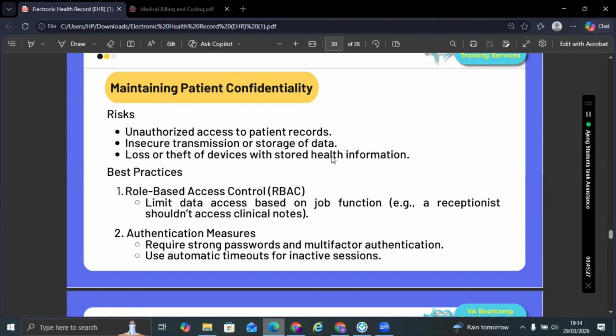It can limit data access based on job function. For example, receptionists shouldn't access the clinical notes. Secondly, authentication measures. It requires a strong password and multi-factor authentication, and then use automatic timeout for inactive session.